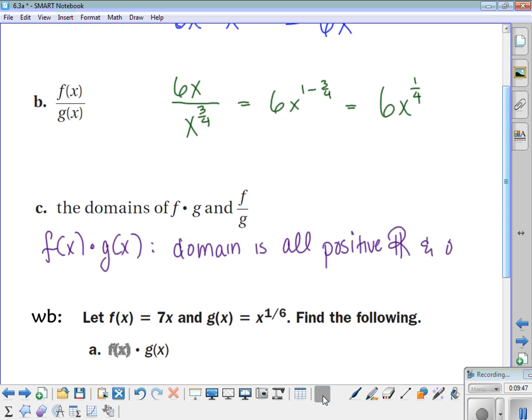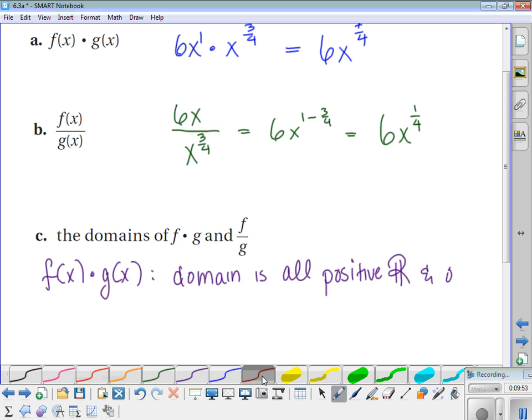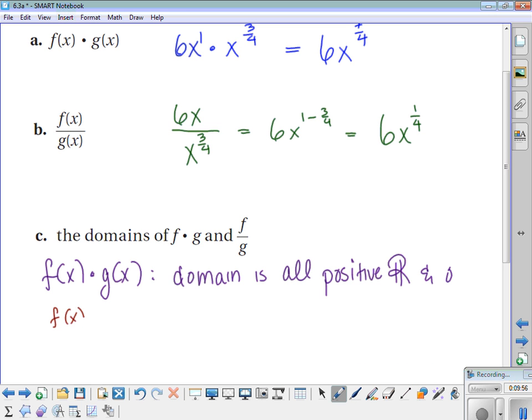Now, if I'm talking about the division problem, f of x divided by g of x, again, my domain can only be positive reals.